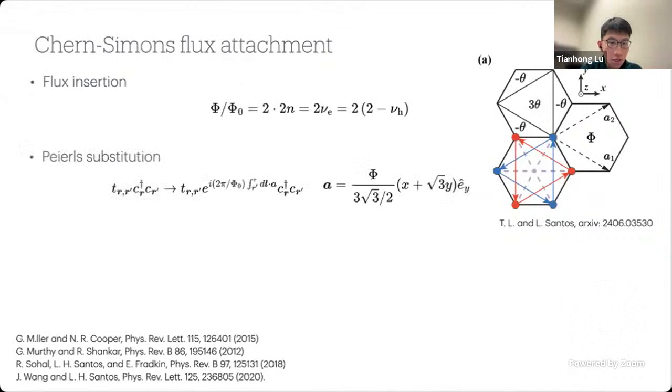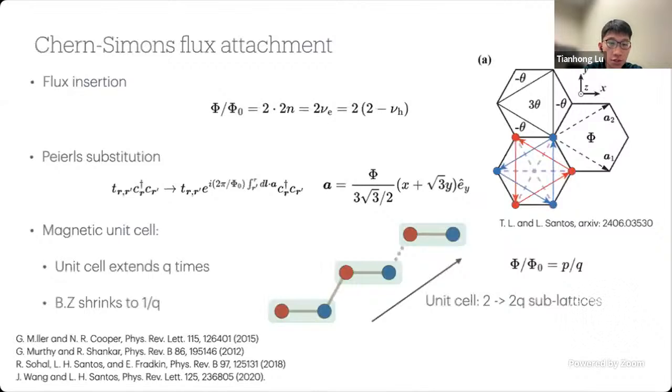So after incorporating the flux into the Hamiltonian, one problem emerges, which is that the original translational symmetry is broken because the phase factor in the Peierls substitution has a periodicity that's larger than the size of the unit cell. We're using a technique called the magnetic unit cell.